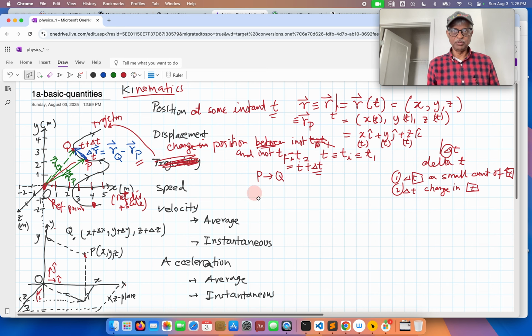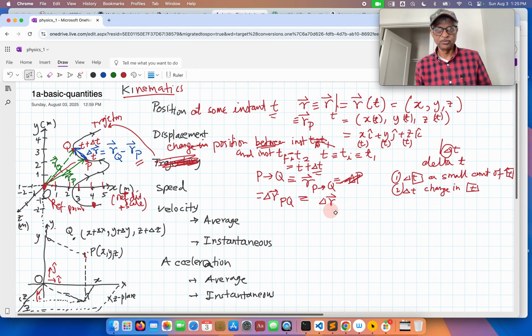Another way to write it is R from P to Q. Another way is delta R vector P to Q. Another way is just delta R.